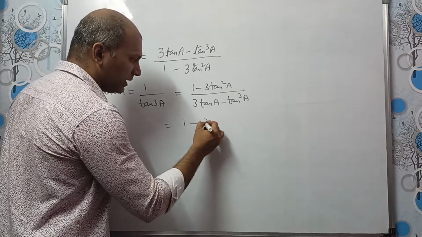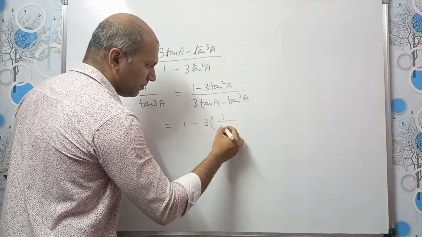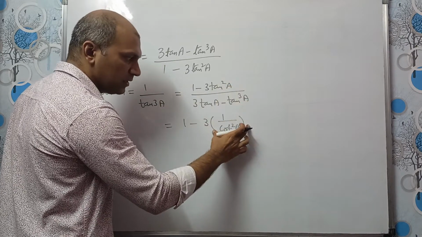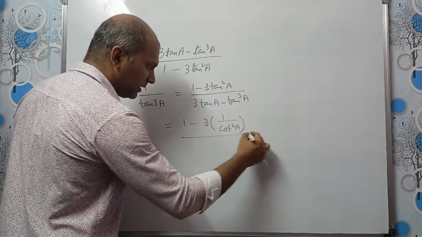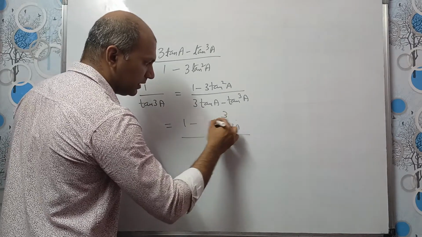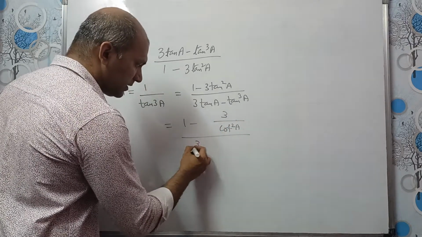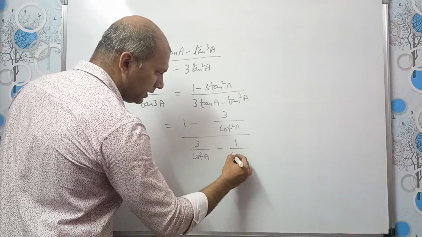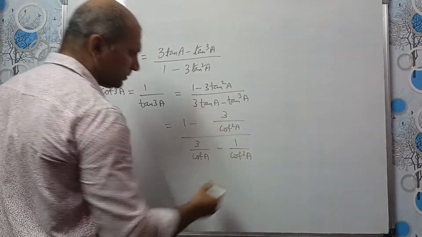So this is 1 minus 3 by cot square A, since tan square A we are writing as 1 by cot square A, divided by 3 by cot A minus 1 by cot cube A.